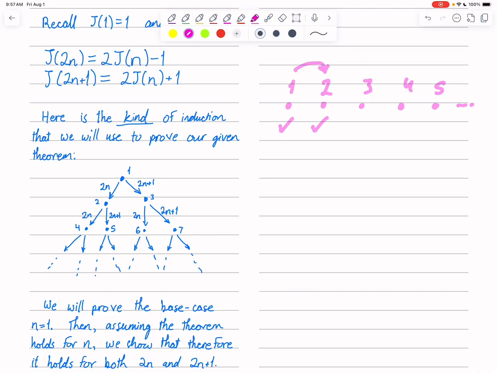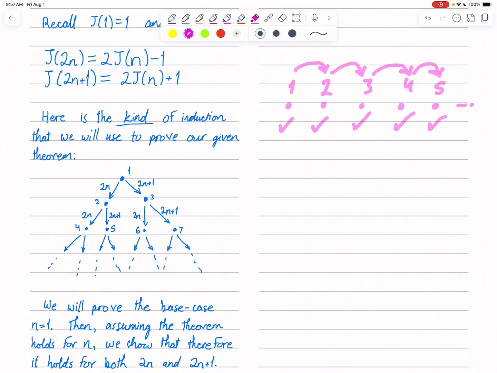And so if you get to do that over and over again, since it is true for 1, it must be true for 2. But by the same conditional principle, since it is true for 2, it must also be true for 3, and so on. So then you get that it is true for everything.